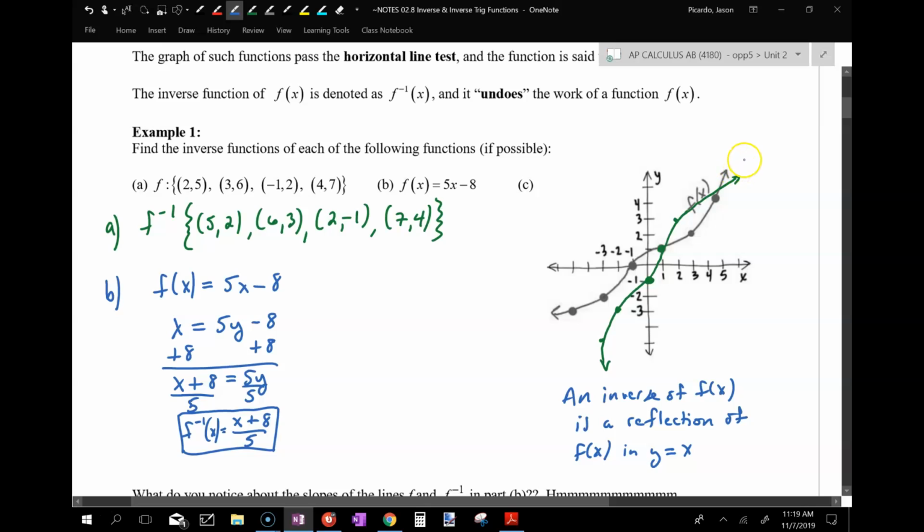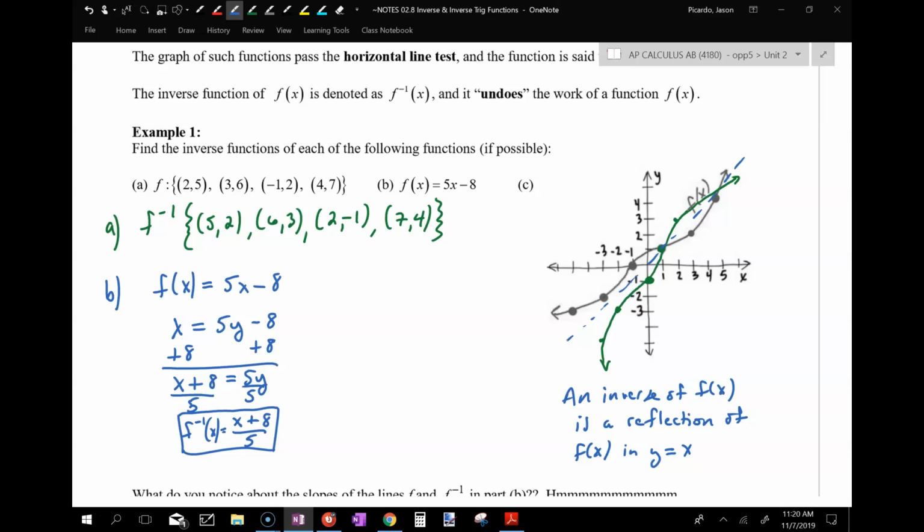Because my y equals x would be right there. So you guys already know all that information. That's nothing all that new. So far so good? Cool.